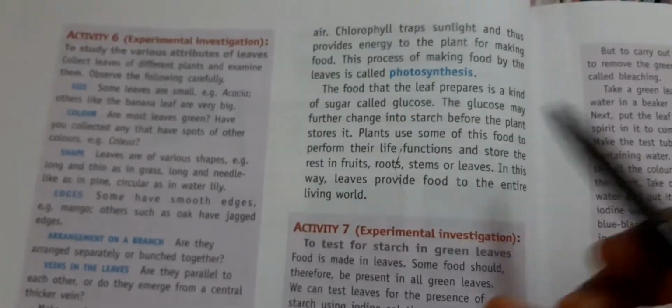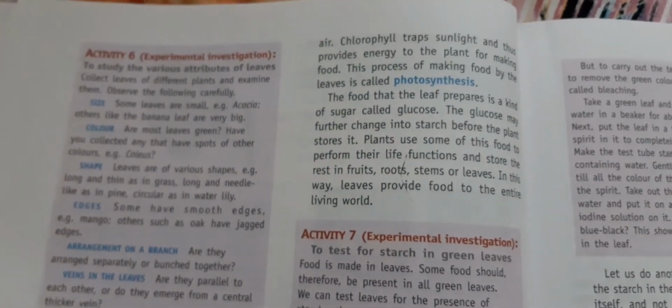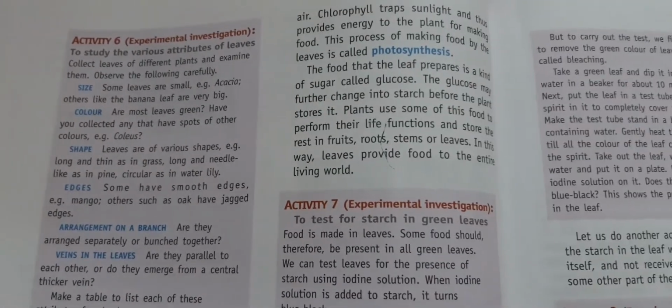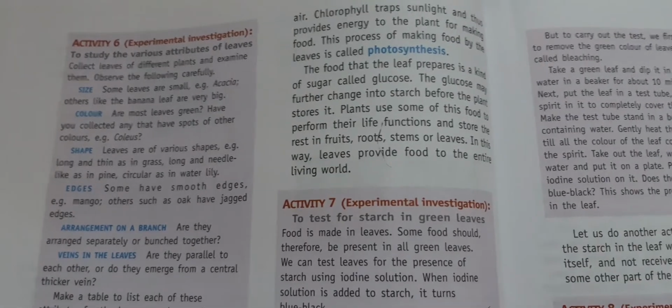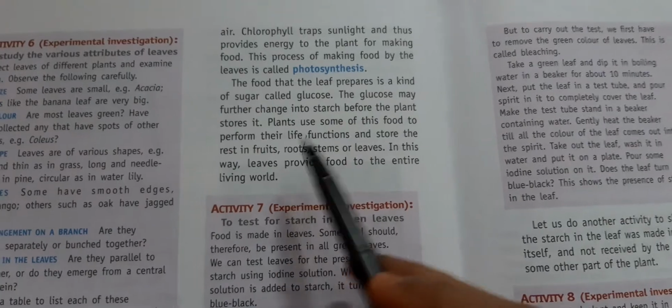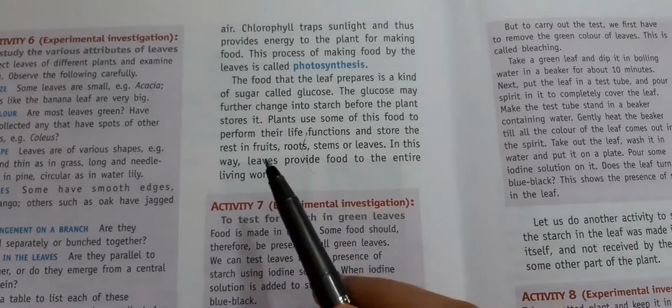Up till here you read, children, and one more paragraph is there, and it is telling that once the food is prepared by the leaf, it is a kind of sugar called glucose, and glucose further changes into starch before the plant stores it.